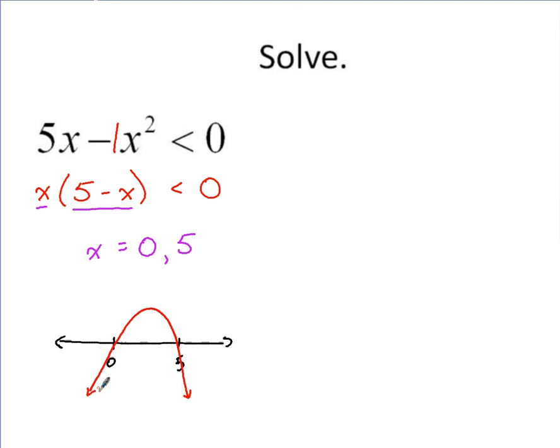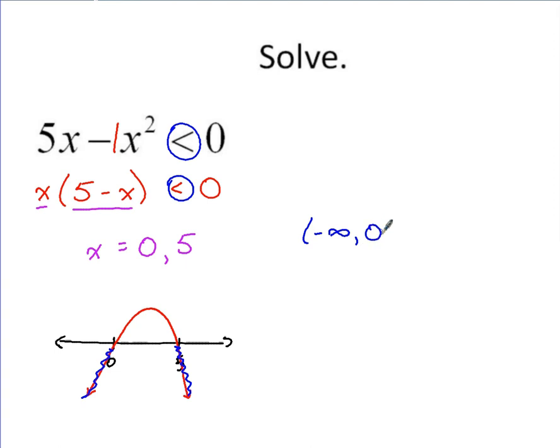Since we're looking at the less than possibility, less than is going to be below that line. That's going to correspond to this part over here and this part over here, meaning my answer for what these x values could be is going to be this interval here and this interval here. Those intervals are negative infinity up to 0.